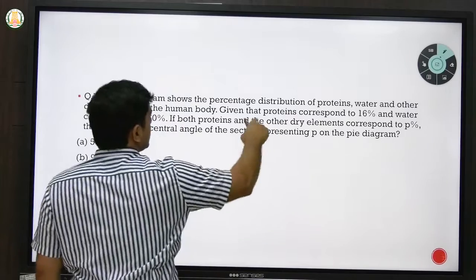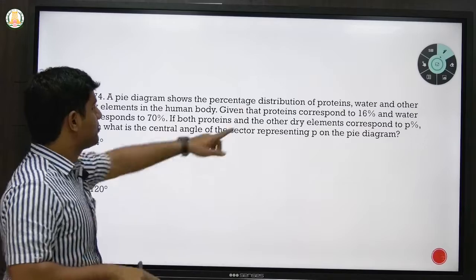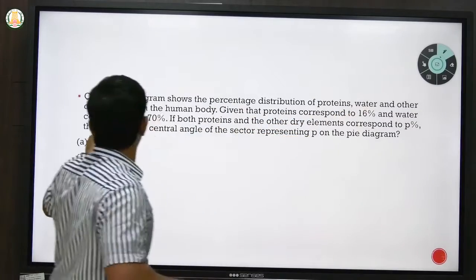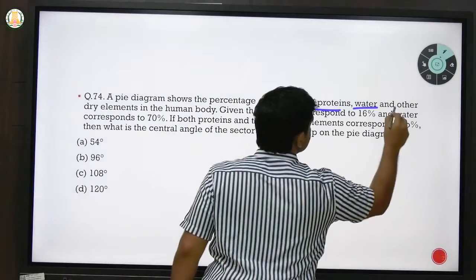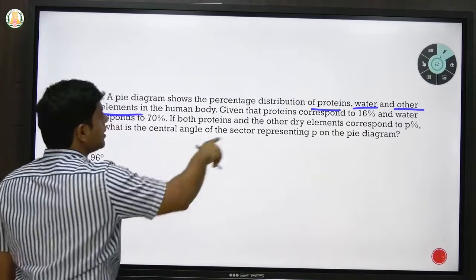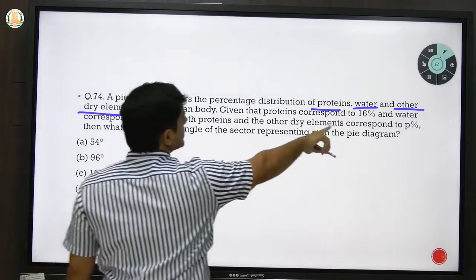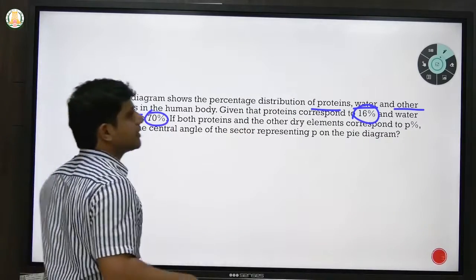In this particular problem, there is a human body made up of proteins, water and other dry elements, assuming only three are there. Given that proteins correspond to 16% and water to 70%, what else is left?